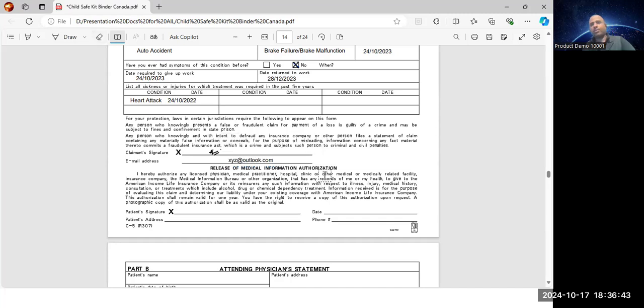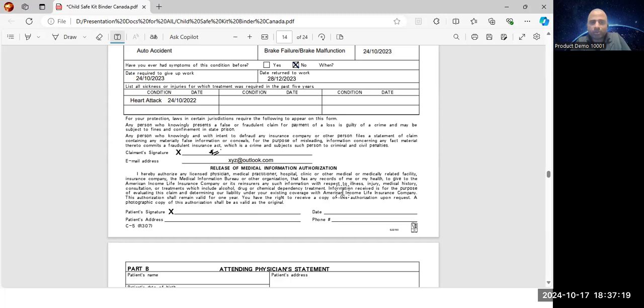Okay, so apart from that, for release of medical information authorization: I hereby authorize any licensed physician, medical practitioner, hospital, clinic, or other medical or medically related facility, insurance company, medical information bureau, or other organization that has any records of me, my health, to give to the consultation or treatments, which include alcohol, drug, or chemical dependency treatments, and information received is for the purpose of evaluating this claim and determining our liability under your existing coverage with American Life Insurance Company.